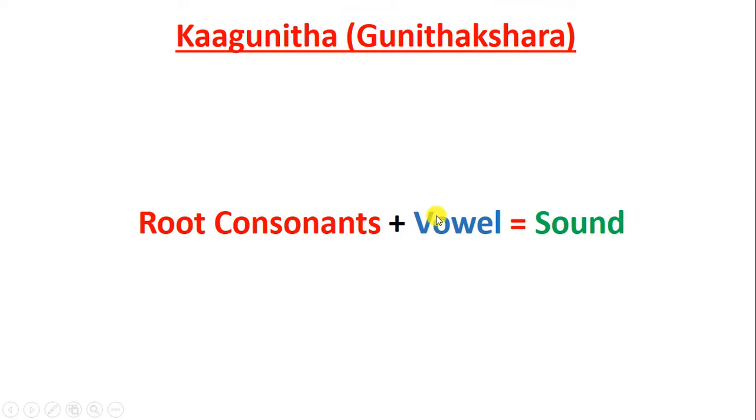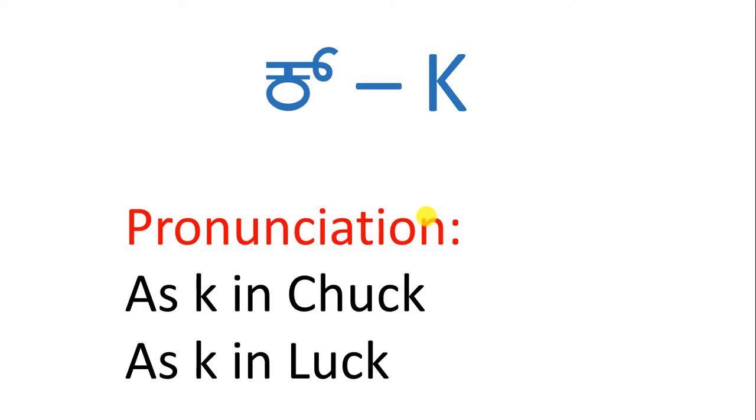Okay, so we'll see all the previously shown root consonants, and we'll see how to pronounce and how to write them, starting with k. Now, the thing about root consonants is that it is difficult to pronounce them as is.